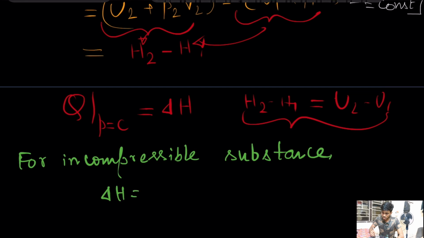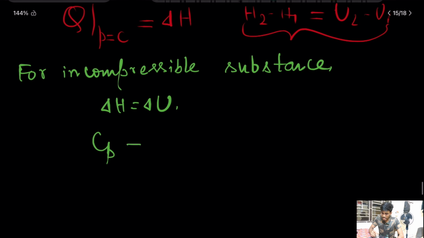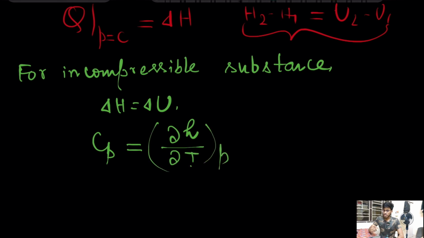del H is equal to del U, and that means Cp is equal to, again by this time you should already see that Cp should be del H by del T at constant pressure, obviously.